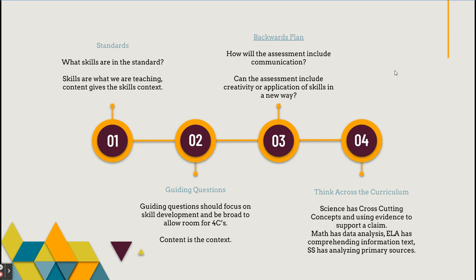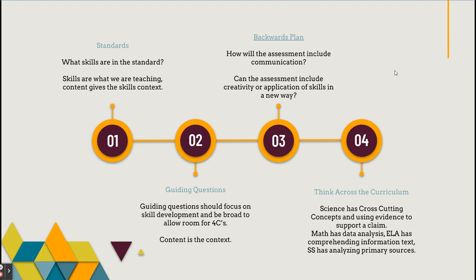And how can you put in there some creativity? How can you apply the skill that you want students to learn, right? Like we just talked about the idea that it's a skill instead of a content, and that content is the context. So perhaps it is, here's this skill I want you to do, and your assessment is on an application of that skill in a new way, right? That's a creative way of thinking about a skill of some sort.